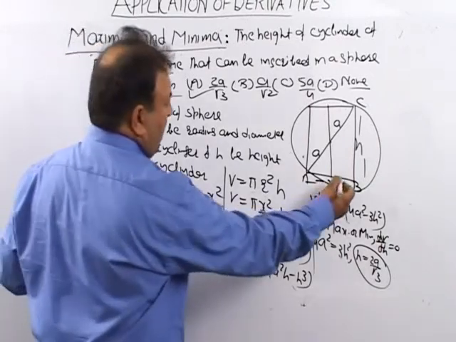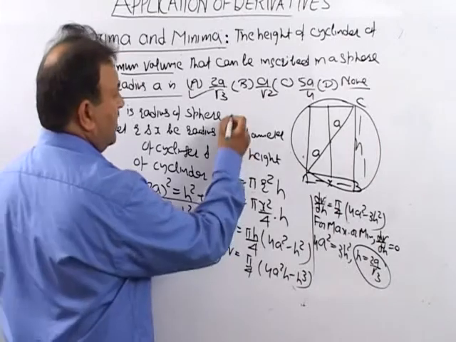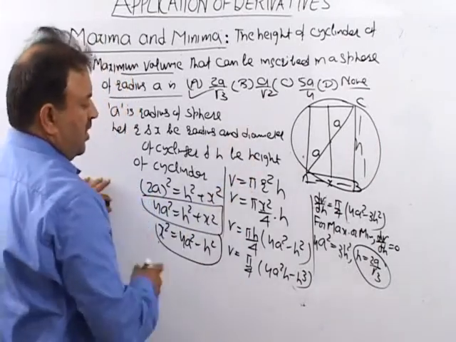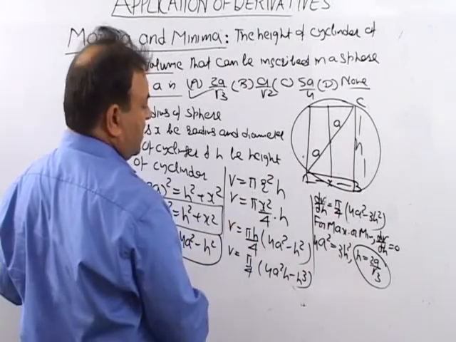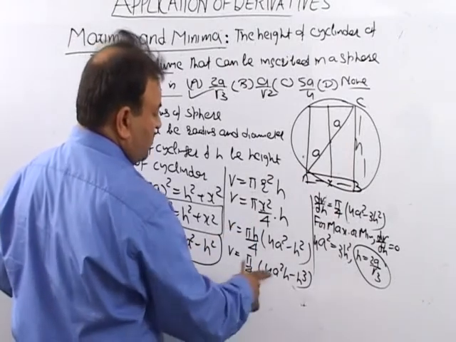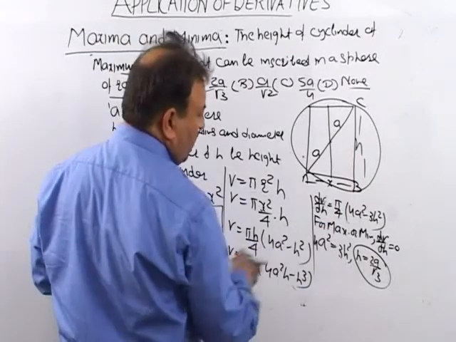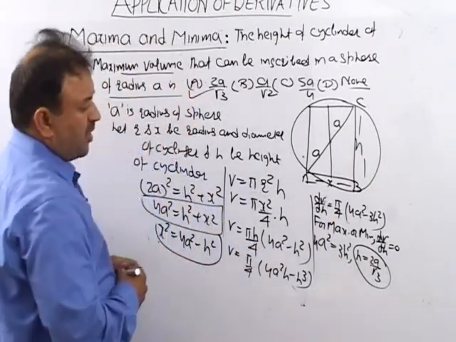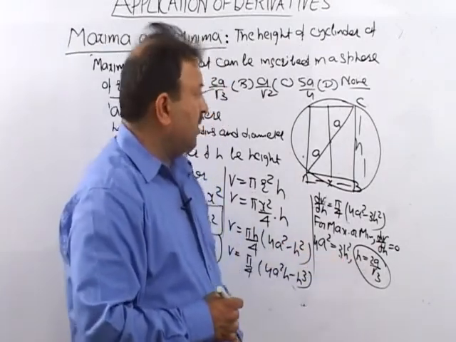Volume is equal to pi r square h, and the radius is x by 2, so r square is x square by 4. Now the value of x square is 4a square minus h square, so volume is 4a square h minus h cube over 4. dV by dh is equal to 4a square minus 3h square. For maxima or minima, this is zero, and h comes out to be 2a by root 3.